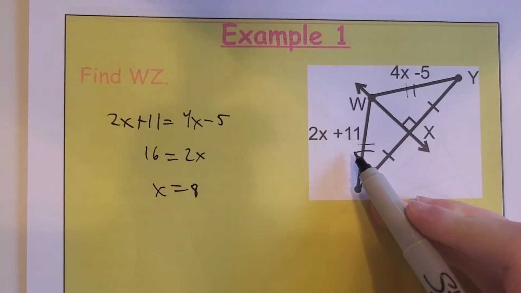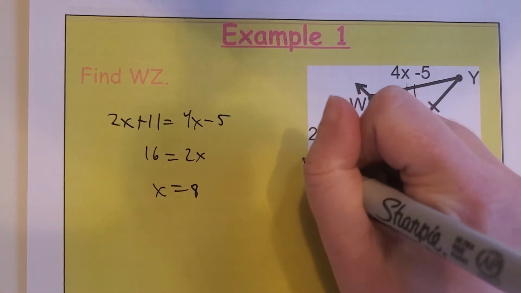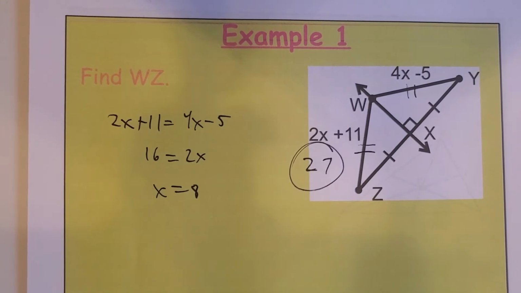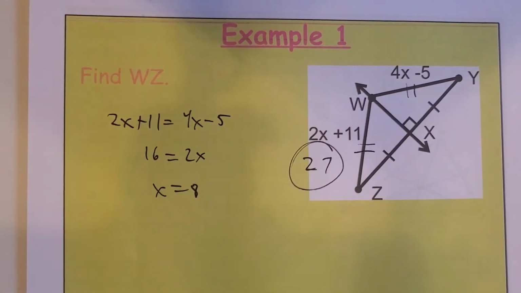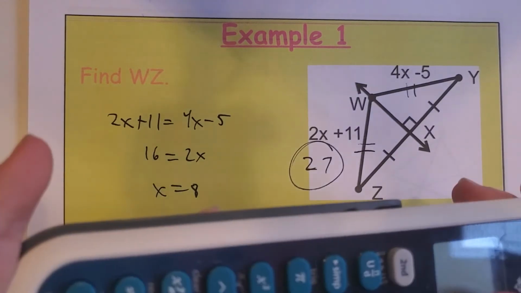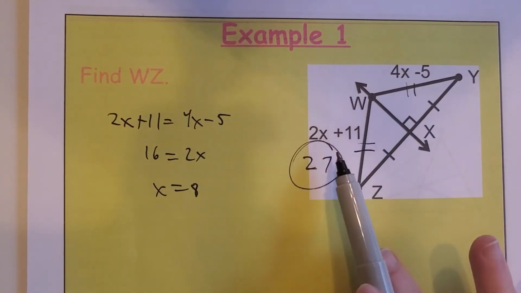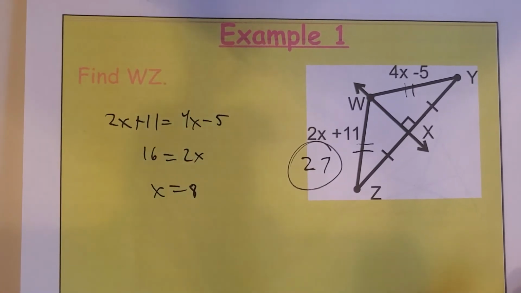Plug that back into 2x plus 11, so 16 plus 11 is 27. And as usual with stuff like this, if you plug it back into WY, you should get exactly the same thing regardless of which expression you plug it into, because you know that they're both equal to each other. And that's the whole thing for example number 1.